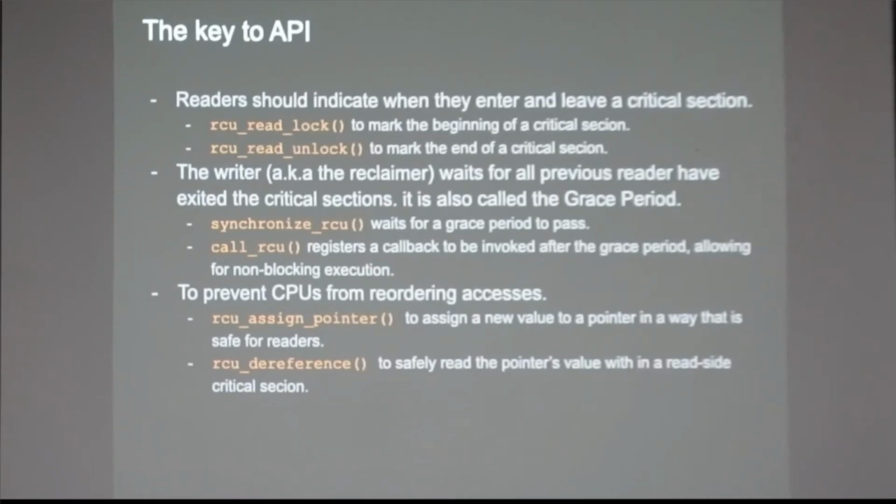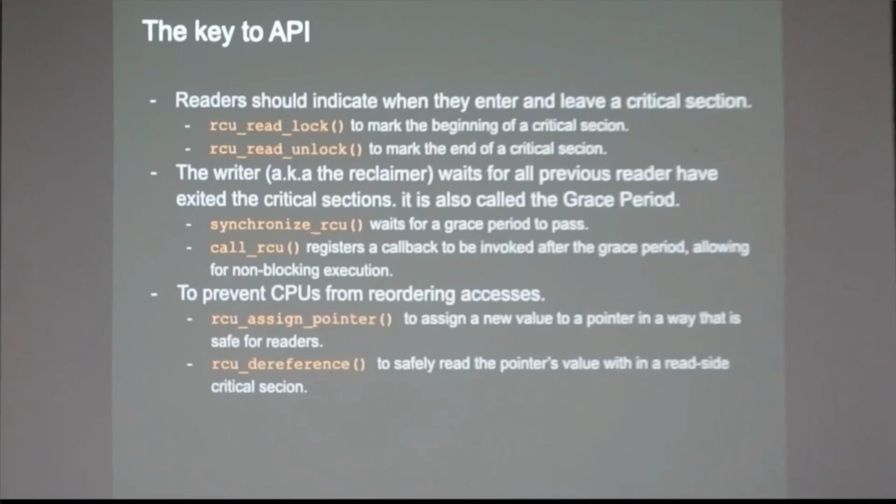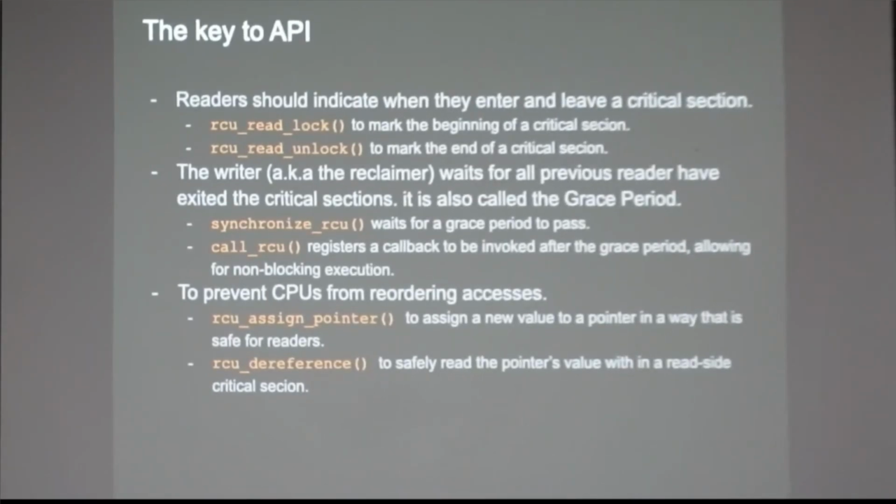On the writer side, as I mentioned before, it has to wait for all previous readers to ensure that old data cannot be accessed anymore. This waiting period is called a grace period, which I will explain later. In this case, there's a special function called synchronize_rcu to wait for readers. If one doesn't want to wait, it can invoke call_rcu instead.